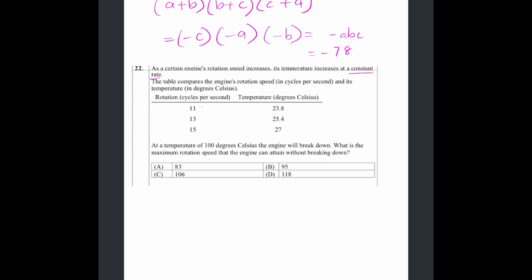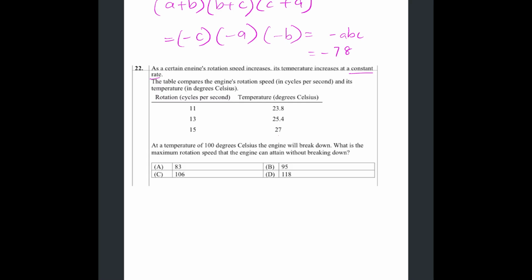Slowly as the rotation speed increases, the temperature is also increasing, right? At a temperature of 100 degrees, the engine will break down.